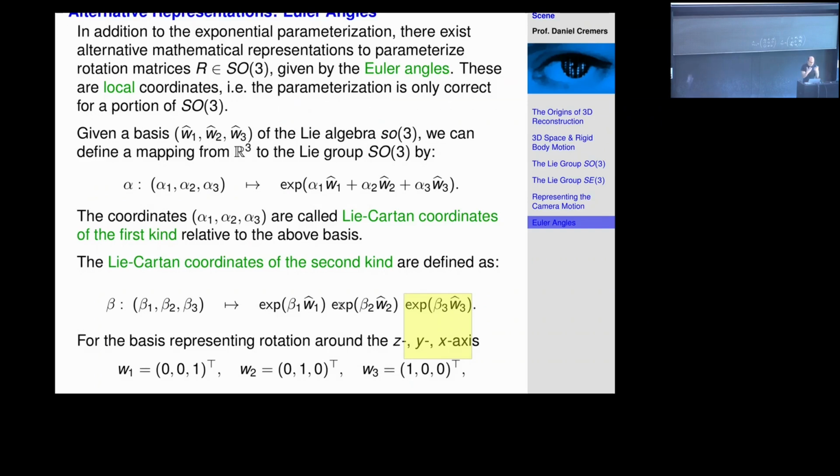The group concatenation is group multiplication, matrix multiplication, and so you do the concatenation then afterwards. So you first transform from the algebra element, this W1 hat, to the corresponding group element, and then you exponentiate, and then you concatenate in the group.